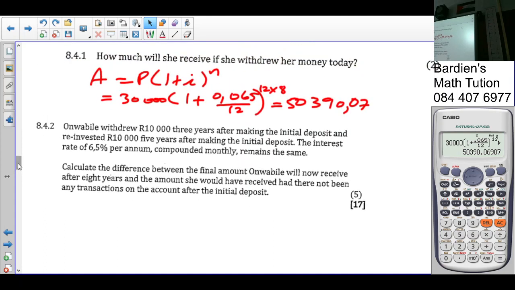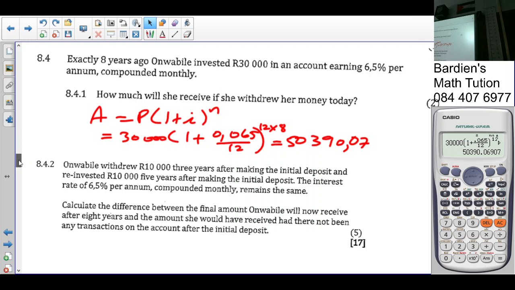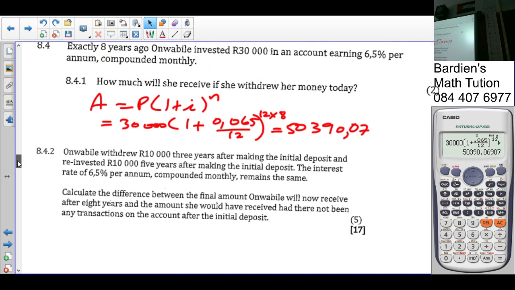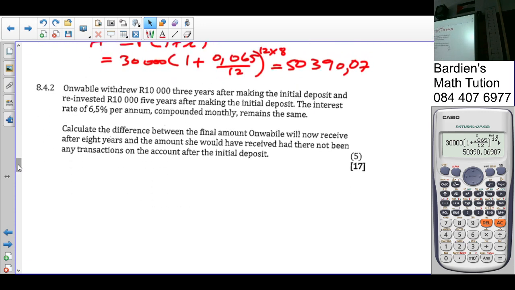So, we are told that Onwabili withdraws 10,000 Rand 3 years after making the initial deposit, and reinvested 10,000 Rand 5 years after making the initial deposit. The interest rate of 6.5% per annum compounded monthly remains the same. Okay, so there's another timeline question.